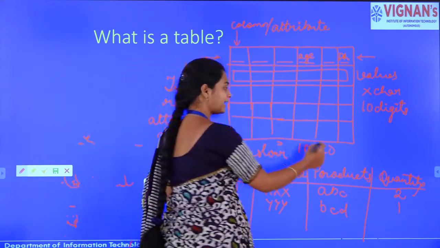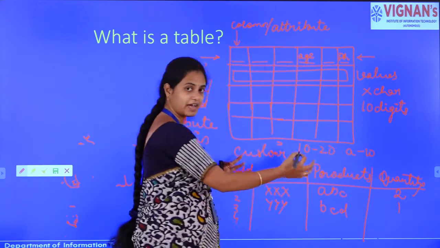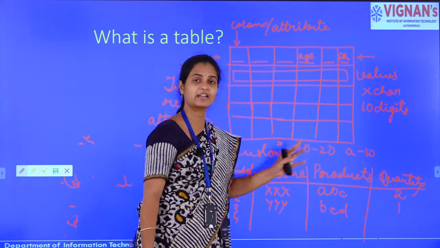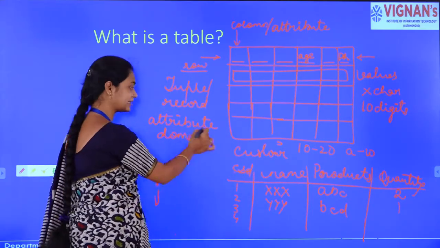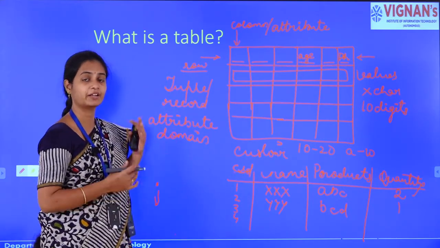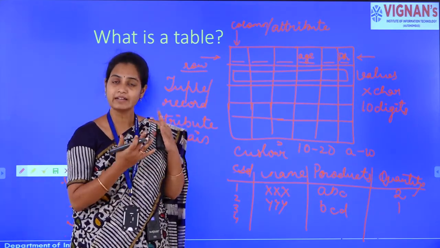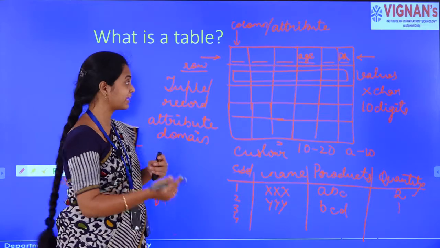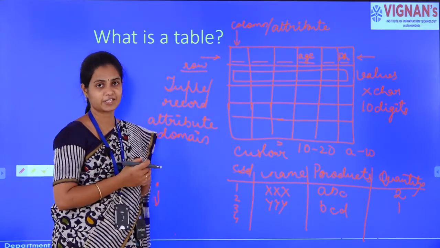If I give a letter or minus 10 or any other value other than between 10 and 20, it won't accept it. That is nothing but your attribute domain. The set of possible range of values that we can insert for an attribute is nothing but an attribute domain.